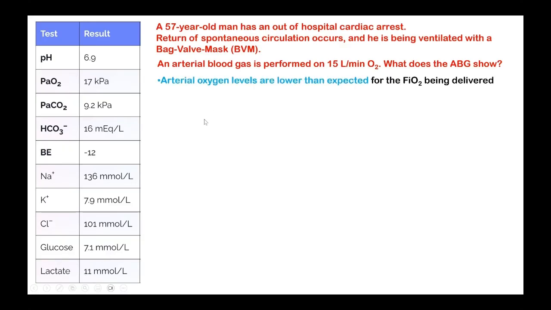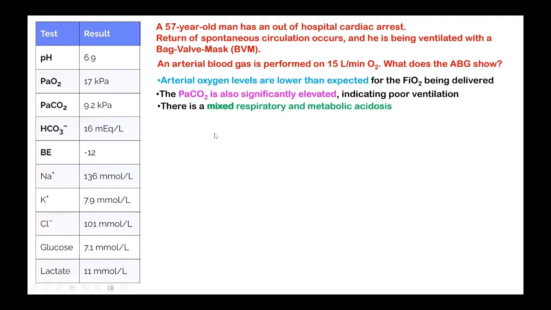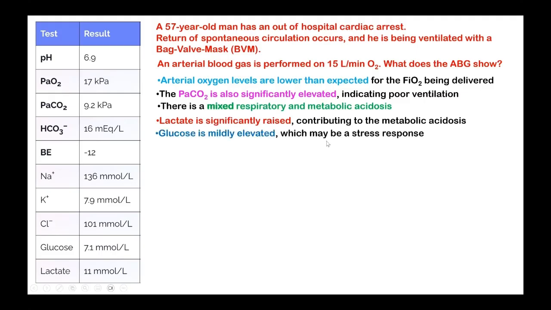Okay. So arterial oxygen level is lower than expected for the FiO2 being delivered. PaCO2 is also significantly elevated, indicating poor ventilation. And because pH is also low, there is a mixed respiratory and metabolic acidosis. Lactate is significantly elevated, contributing to the metabolic acidosis.